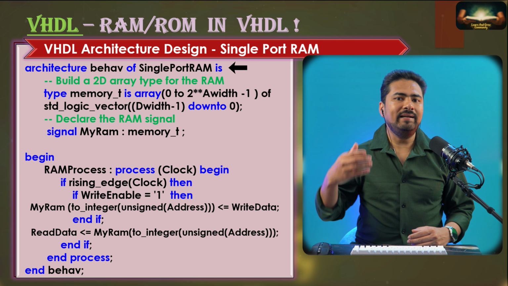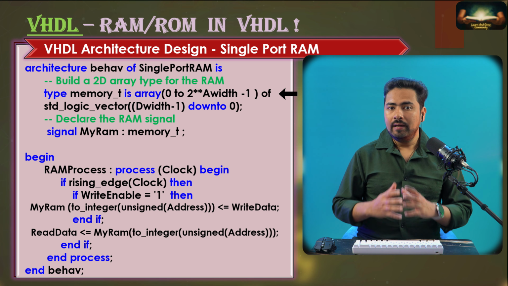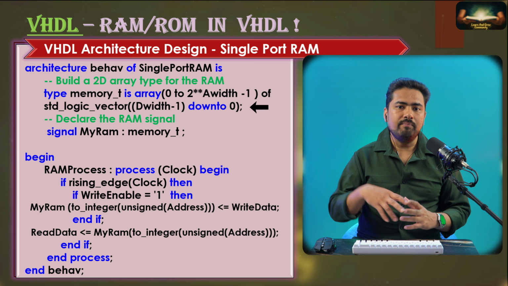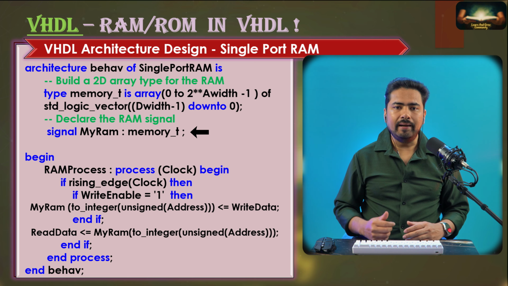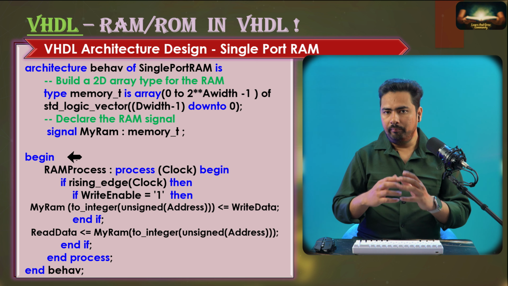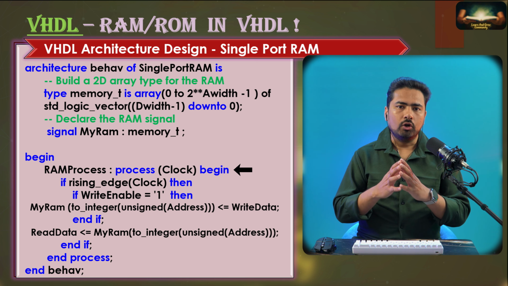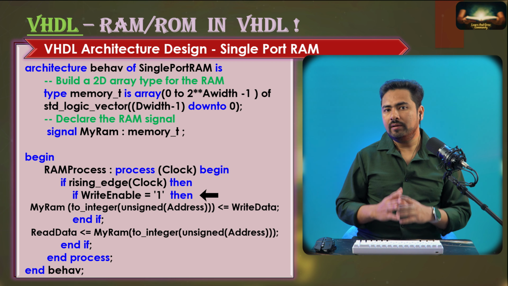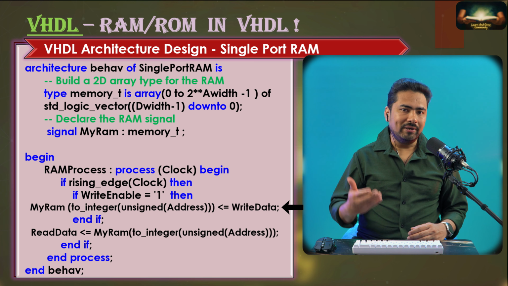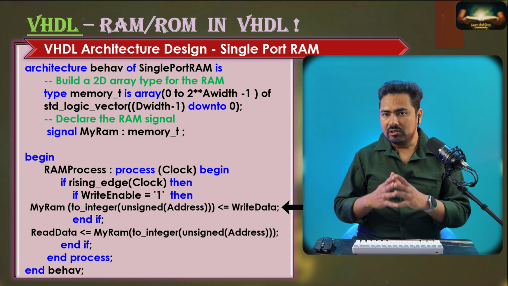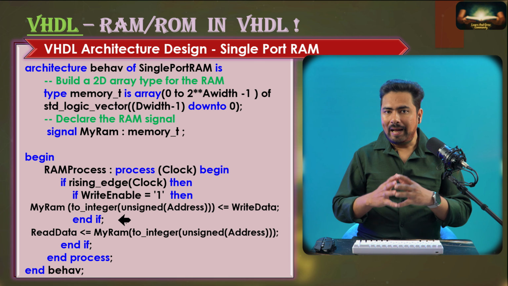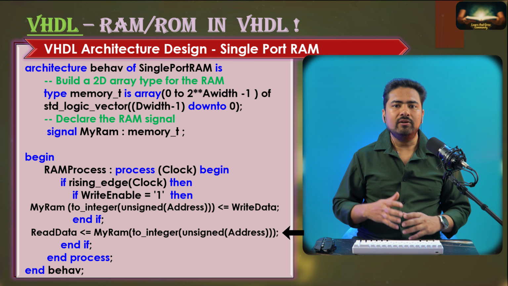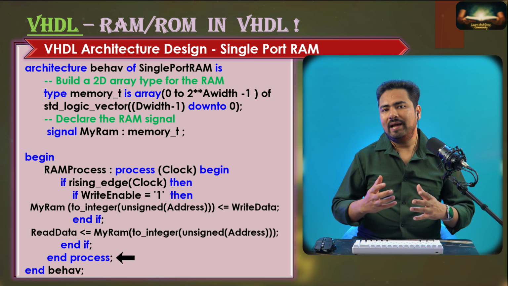Architecture behave of single_port_RAM is type memory_T is array (0 to 2**a_width - 1) of std_logic_vector(d_width - 1 downto 0); signal my_RAM : memory_T; begin RAM_process : process(clock) begin if rising_edge(clock) then if write_enable = '1' then my_RAM(to_integer(unsigned(address))) <= write_data; end if; read_data <= my_RAM(to_integer(unsigned(address))); end if; end process; end architecture.